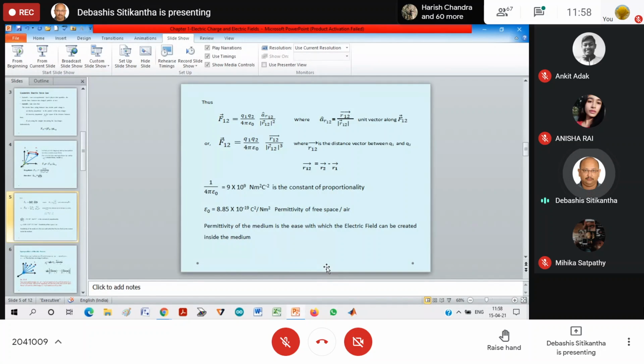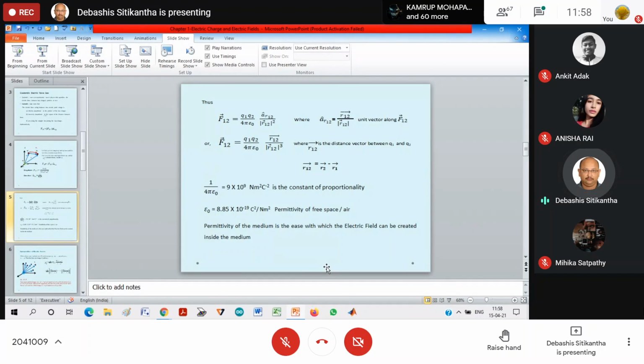Out of this 1, 4, pi, all this you know except epsilon 0. Now this epsilon 0 is known as the permittivity of free space, and its value is equal to 8.85 into 10 to the power minus 12 Coulomb square per Newton meter square.